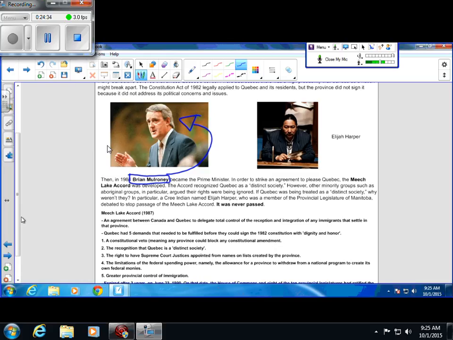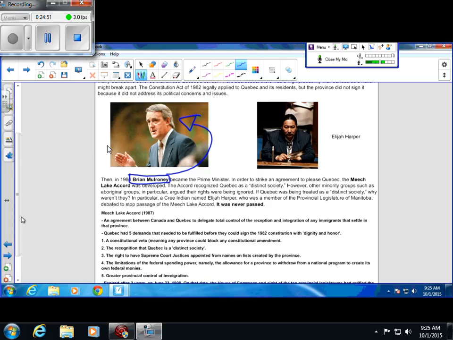What he did was that he wanted to please Quebec as a province. Like I said, Quebec didn't sign the Canada Act, so he wanted Quebec to be a part of the Canada Act, of the Constitution Act, to make it stronger as a nation.